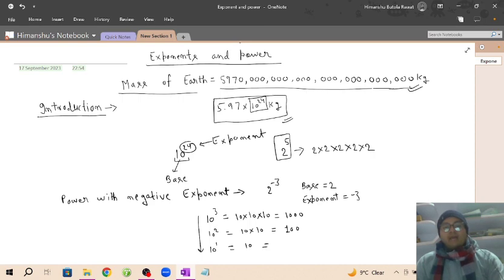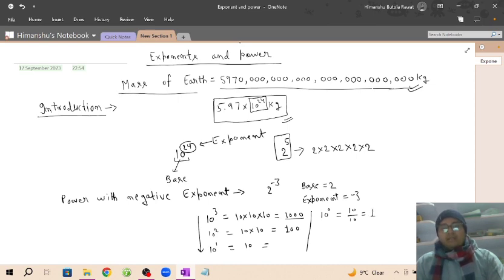We have 10 raised to the power 3, which gives me 1000. If I divide 1000 by 10, it gives me 100. If I divide 100 by 10, it gives me 10. Now after 10 to the power 1, it becomes 10 to the power 0. Reducing further, I have 10 divided by 10, which means 1.